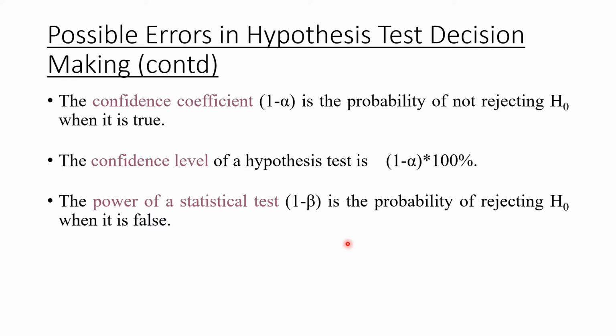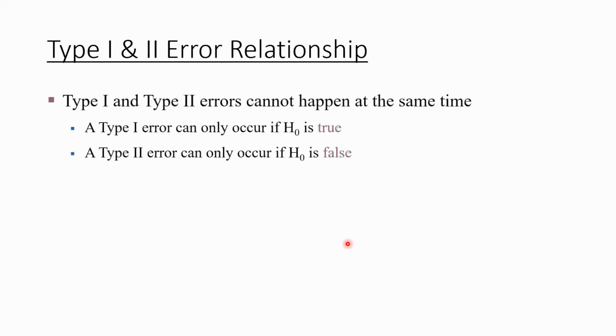Next, let's have a look at the relationship between these two errors. The important thing to keep in mind is these two errors cannot happen at the same time. A type 1 error can only occur if H0 is true. Type 2 can occur only if H0 is false. So that's what we talked about. Type 1 error is where you reject your H0 when your H0 is true.